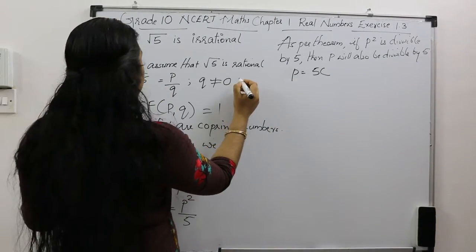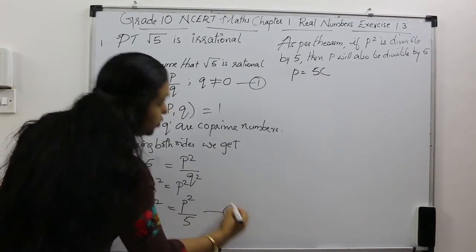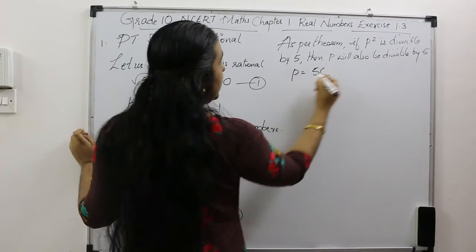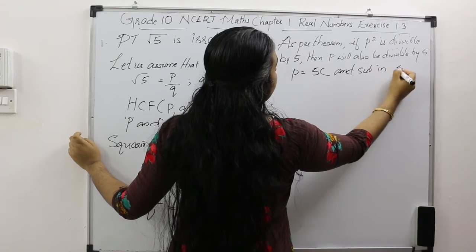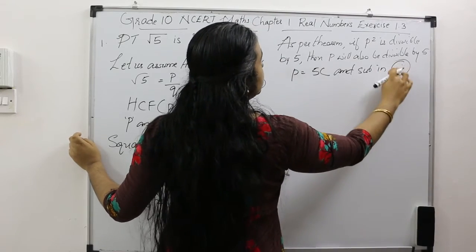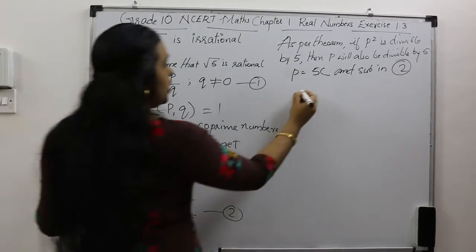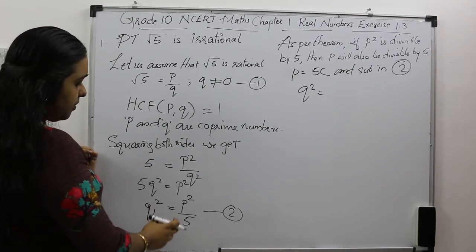I am going to substitute this value of p in our equation. Let this be equation 1 and this be our equation 2, and we have made the substitution p equals 5c, substituting in equation 2. So q square will be p square by 5.